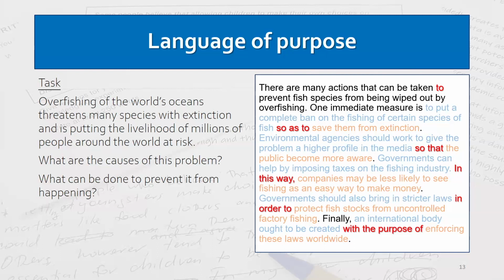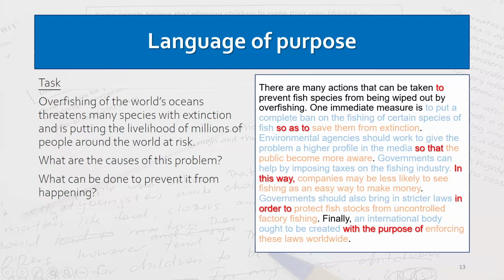So just to bear in mind that when we are using these linking words, we do have to think about grammar. By the word grammar here, I mean whether the sentence is grammatically correct. Sometimes we need a noun phrase after these linking words, but sometimes we need a full complete sentence after these words.